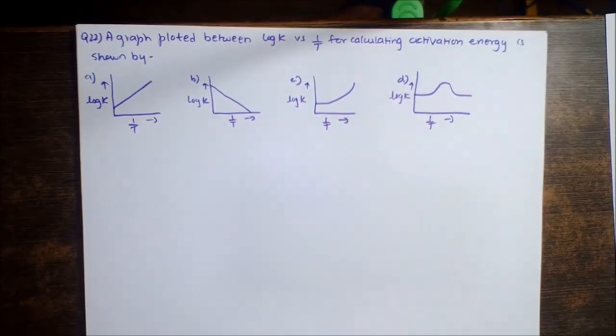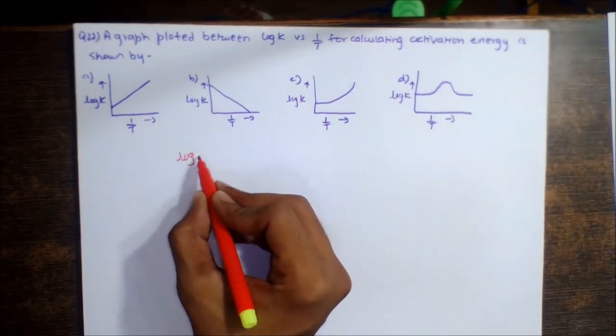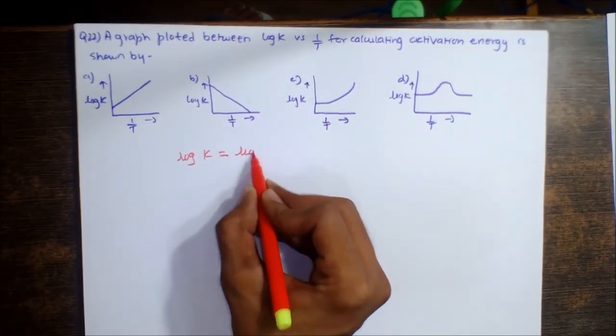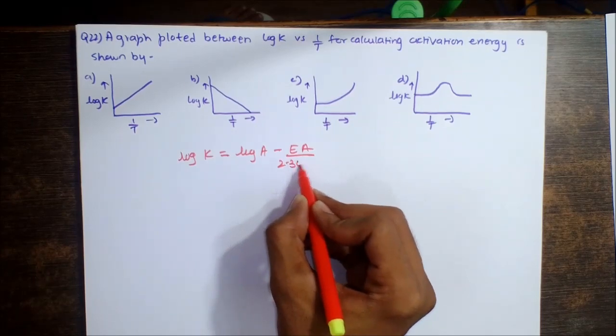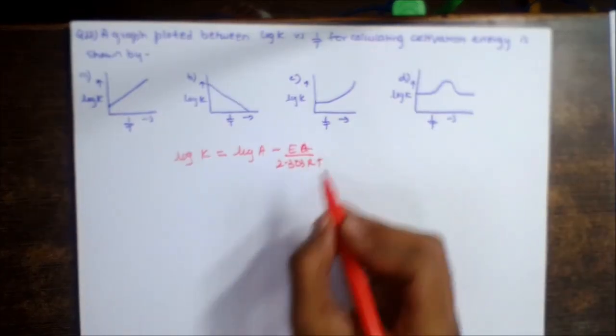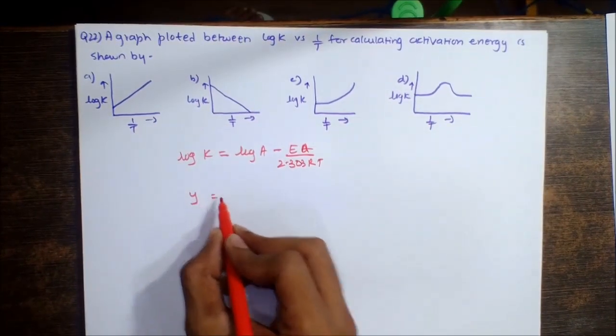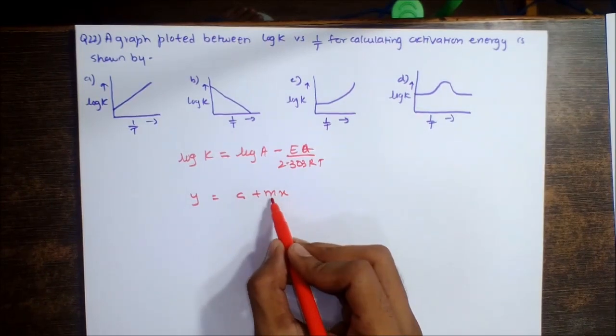Question 22. A graph plotted between log of K versus 1 upon T for calculating activation energy is shown by. Now from Arrhenius equation, I can say log of K equals log of A minus EA upon 2.303 RT. This equation represents y equals C plus mx, where m is the slope.